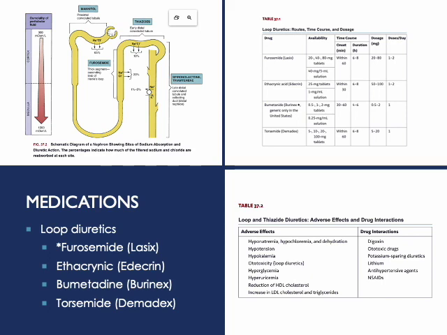So why do we use Lasix? Well, generally we're trying to use it in situations where we need massive mobilization of fluid. And other than that, this drug should be avoided when we can use other diuretics like thiazides. If they work, we'd rather use something a little less heavy hitting.